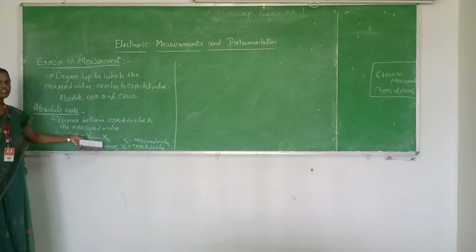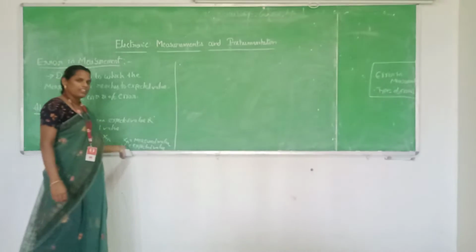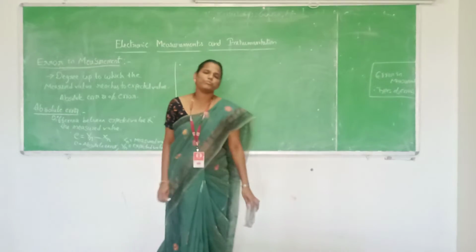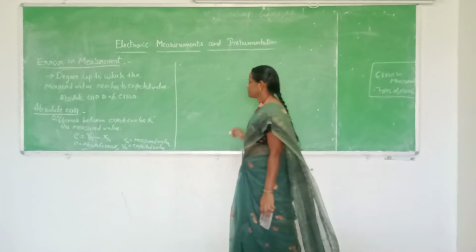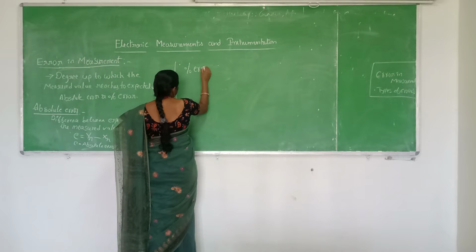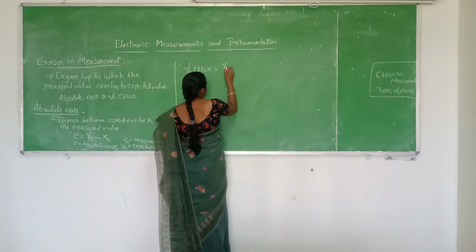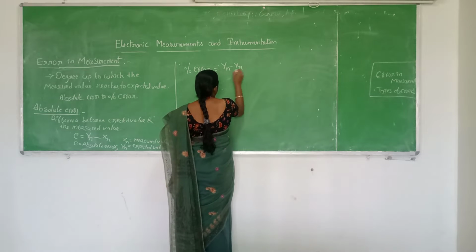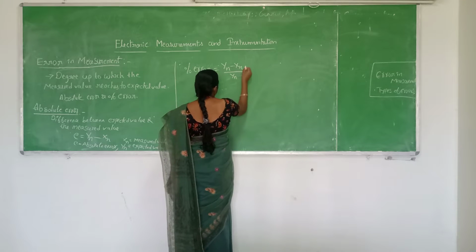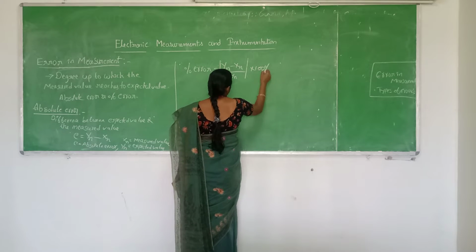This measured value xn may be higher than yn or it may be less than yn according to the instrument. So in order to solve this problem, we go for the modulus. Now the percentage of error equals modulus of yn minus xn by yn into 100 percentage.